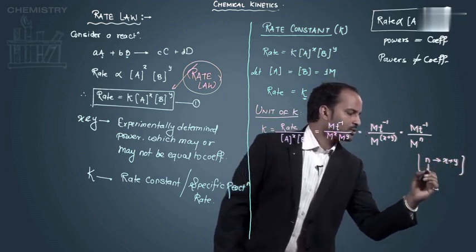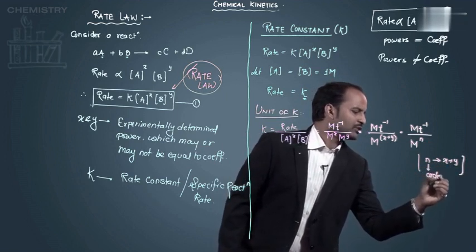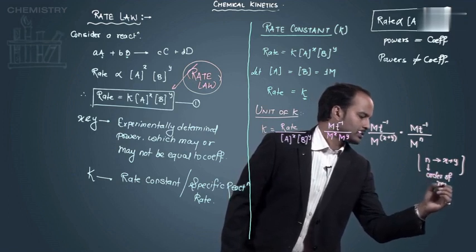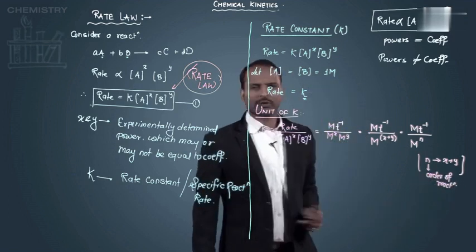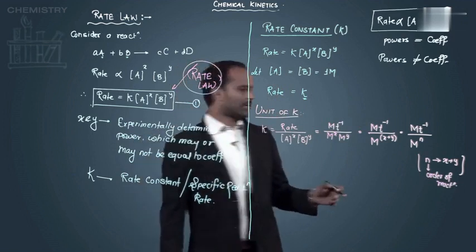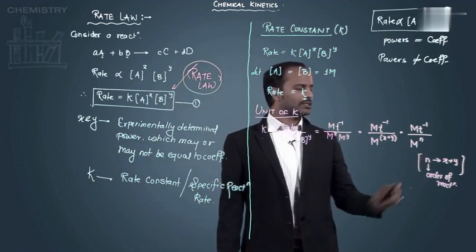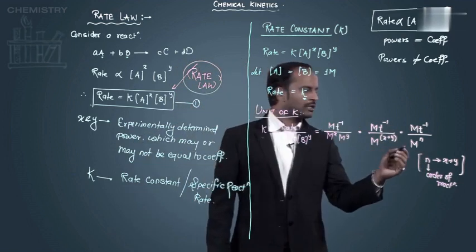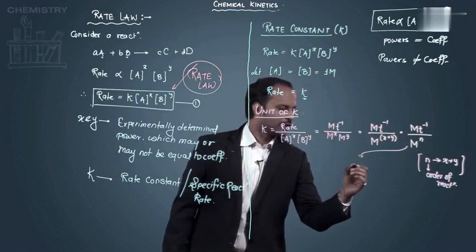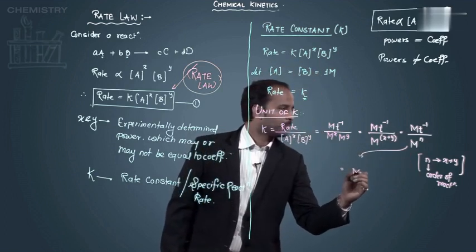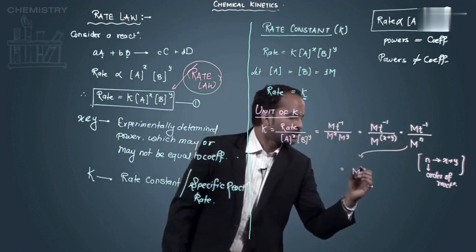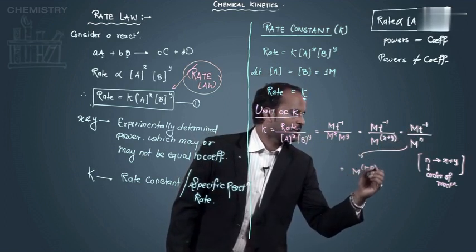Here n is known as the order of reaction. What is order of reaction? We will learn about it also in the same chapter. So ultimately the unit of K will be M raised to 1 minus n per time.